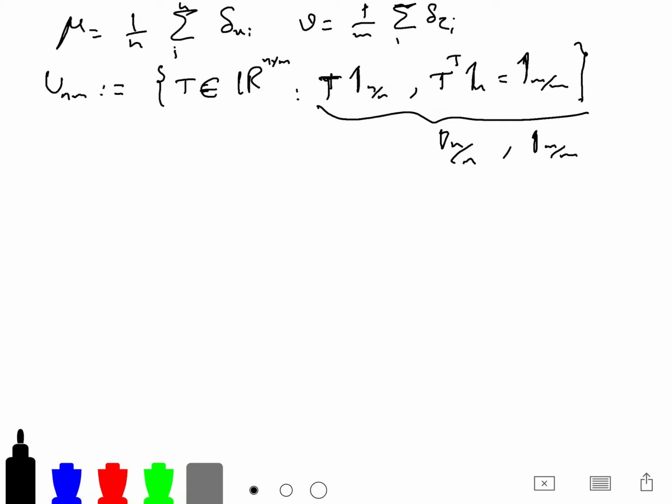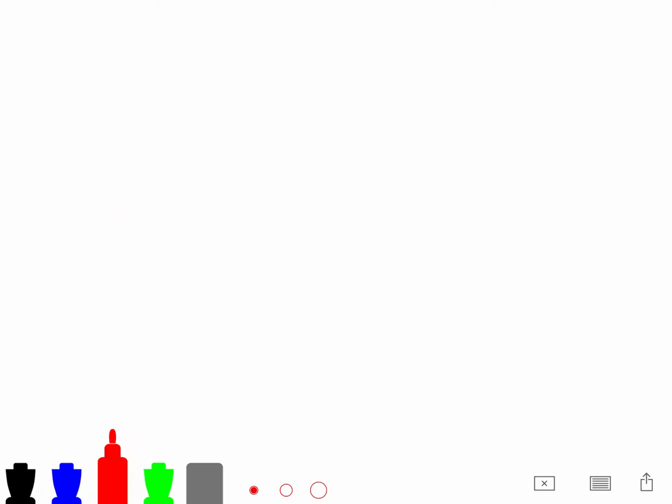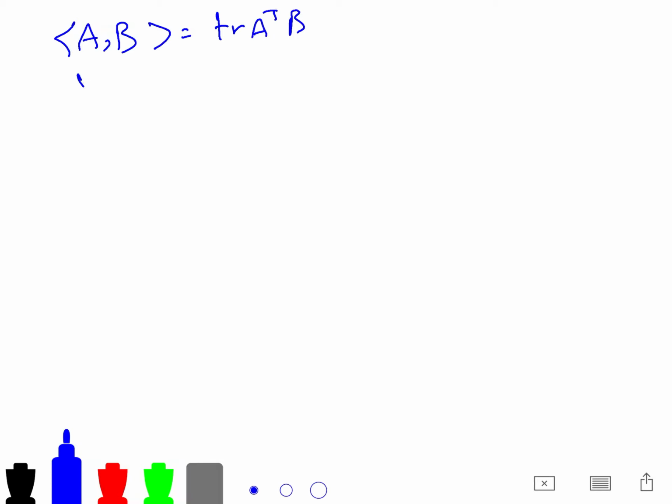So the regularized Wasserstein distance, of course, as I said, uses the inner product of two matrices, which is just the trace of A transpose B. I think it's the Frobenius dot product of matrices. And for lambda greater than or equal to 0, there is the Wasserstein distance of two measures mu and v by definition.